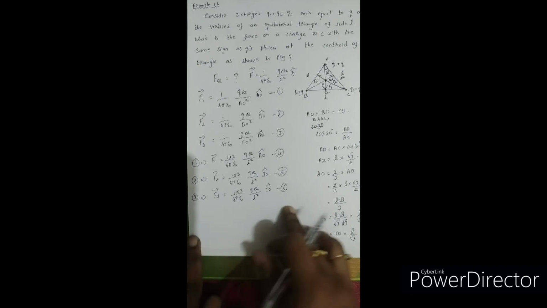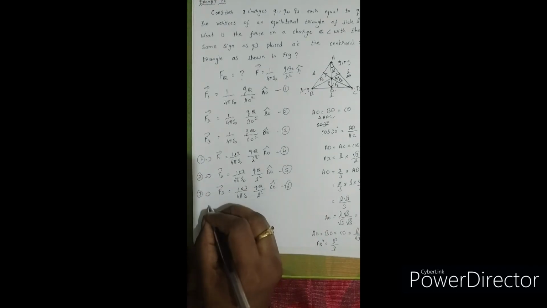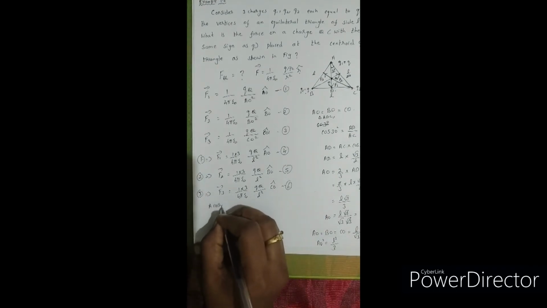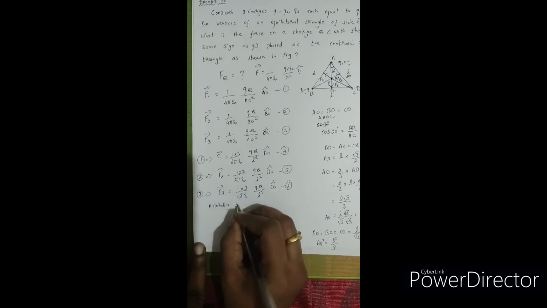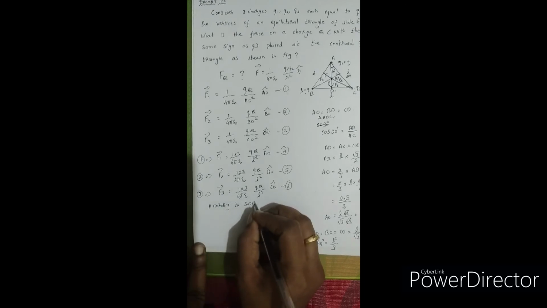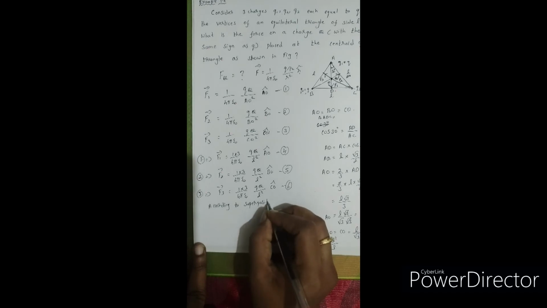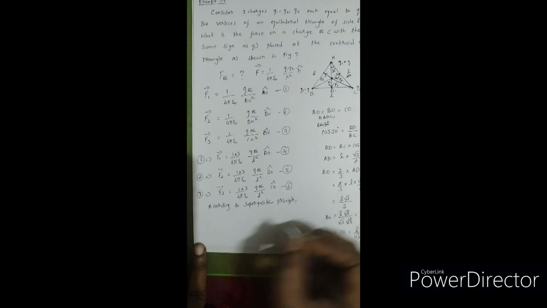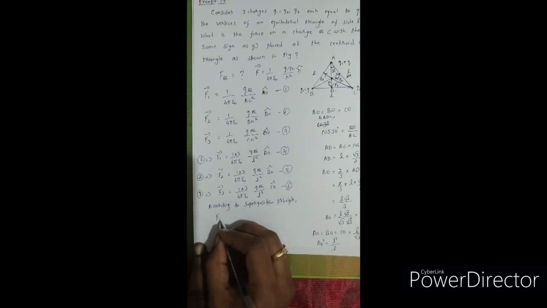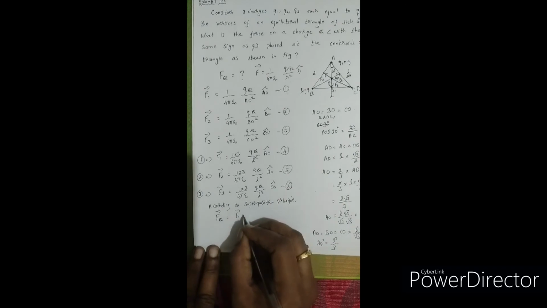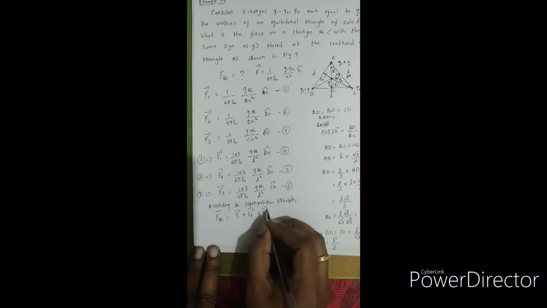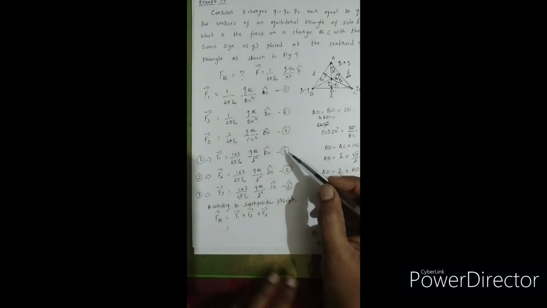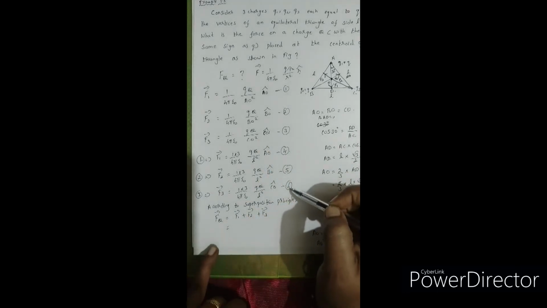Okay. Now according to your superposition principle, the total force on the charge capital Q will be equal to the vector sum of f1 vector plus f2 vector plus f3 vector. Okay, right? So see the fourth equation, fifth equation and the sixth equation, children.